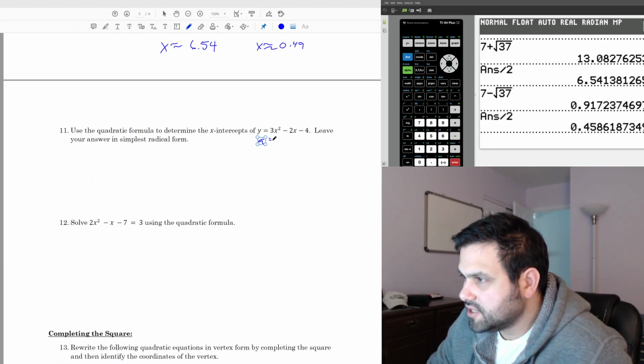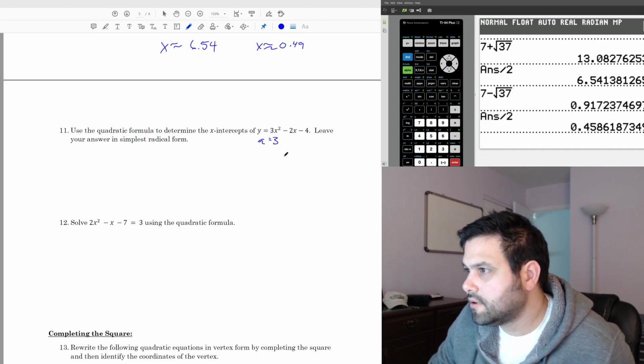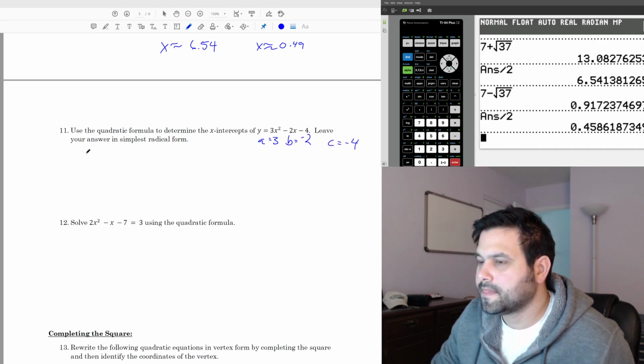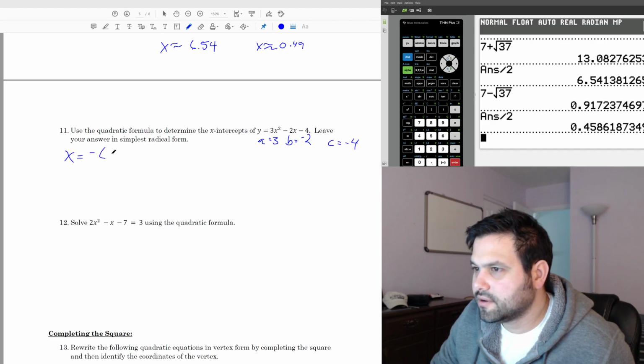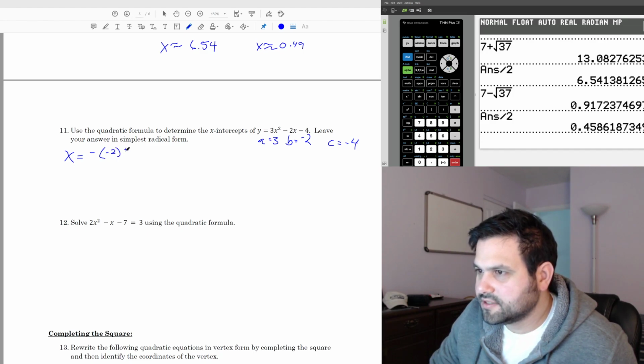So a is 3, and b is -2, and c is -4. So x equals negative b plus and minus the square root of b squared minus 4ac all over 2a. So now we simplify.